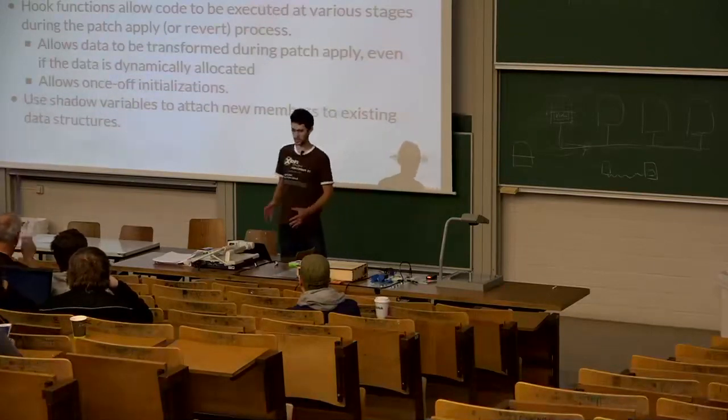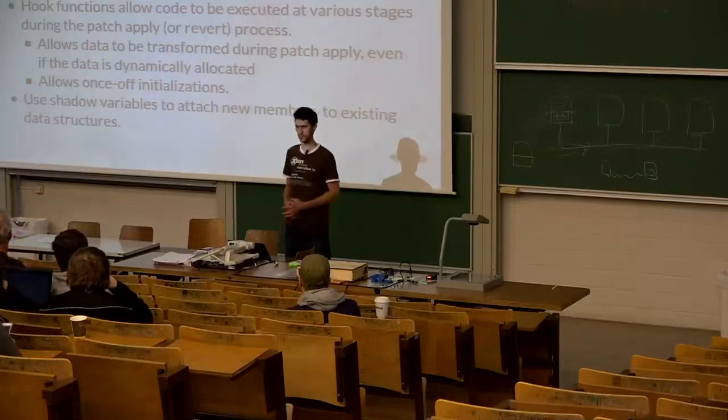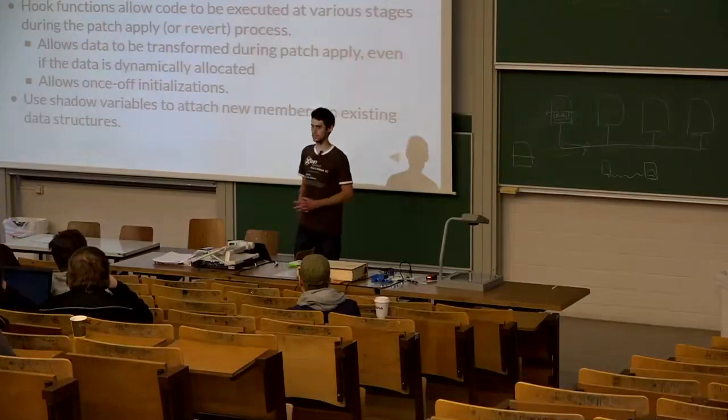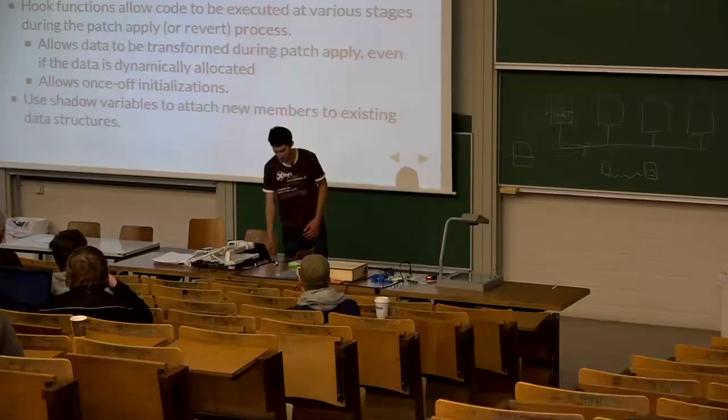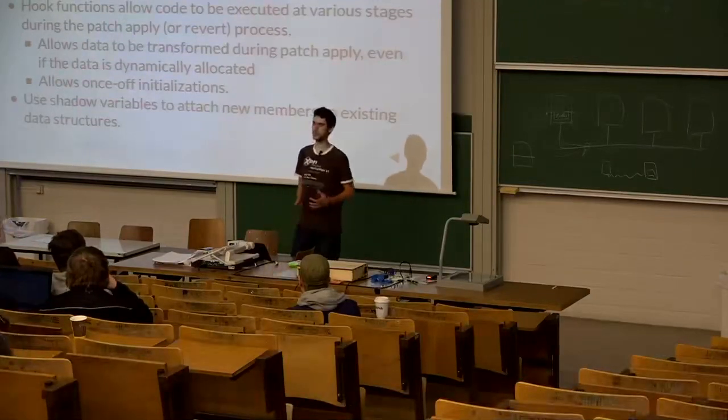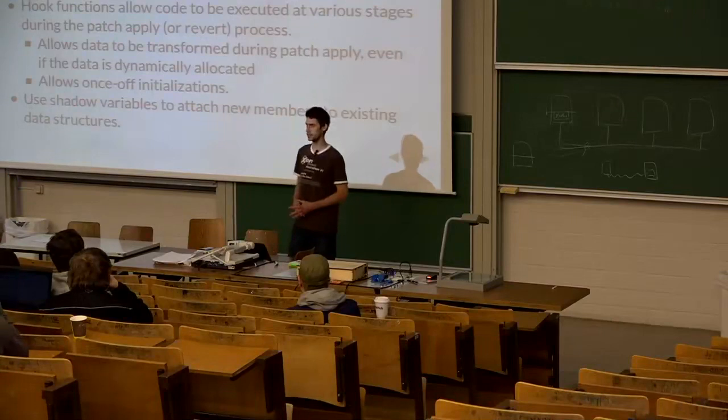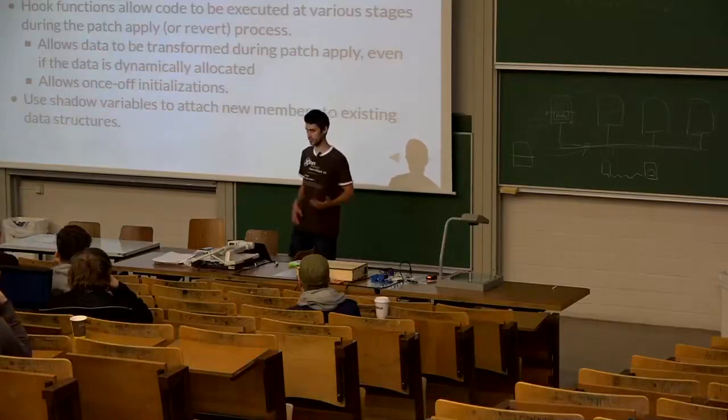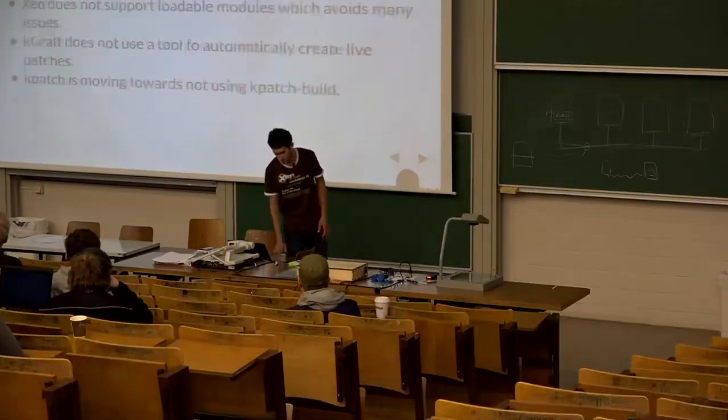But this then needs to be done in the hook functions, or we might need to modify the patch somewhat. In some cases, it's also possible to rewrite the patch in such a way that it doesn't actually need to use a new data member, because mostly when patches are written, they're not written with live patching in mind, but it's often possible to do that.